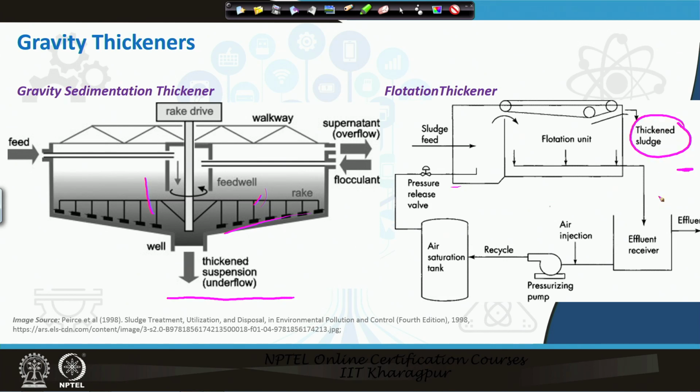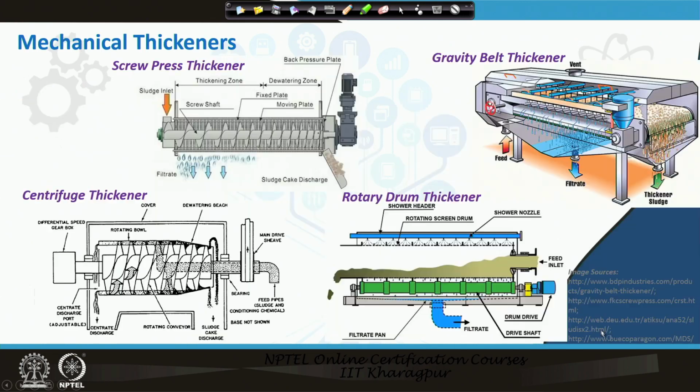That is also one of the means. It is more popular in wastewater treatment systems. Water treatment sludge is generally not fed to these kinds of thickeners. Gravity thickeners are common, but dissolved air flotation, or DAF, thickeners are not that common.